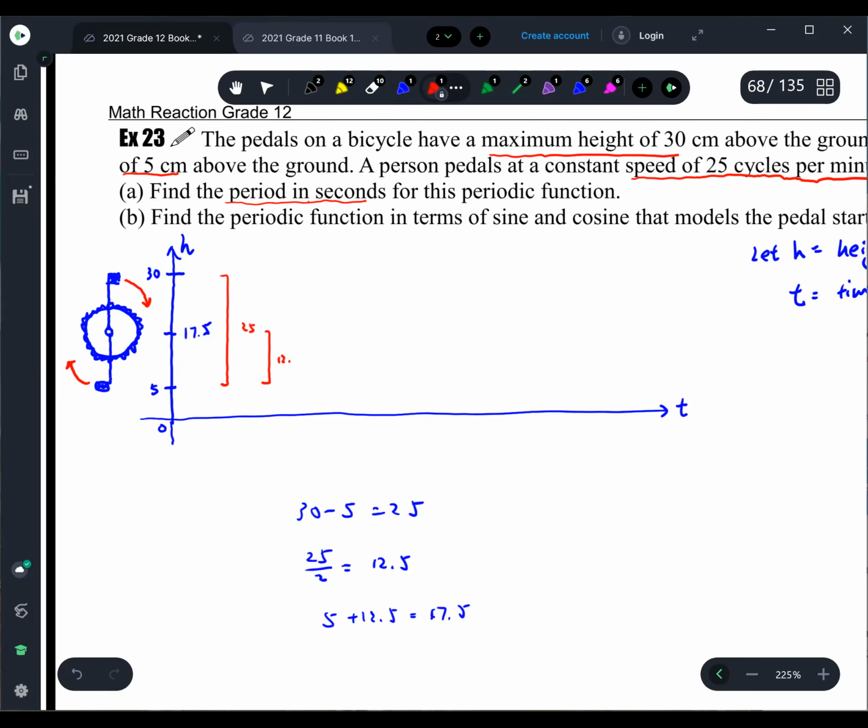Half of it is 12.5. So you can either add the 12.5 to the 5, or you can take 30, take away 12.5. But it takes us 3 steps, right? 1, 2, 3. Is there anyone who did it a different way? Anyone? Did it differently to figure out the middle point instead of taking 3 steps?